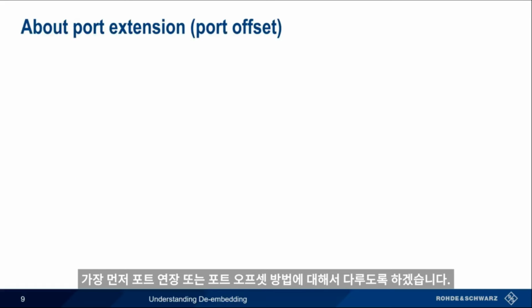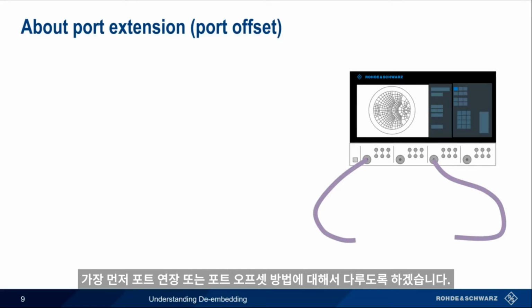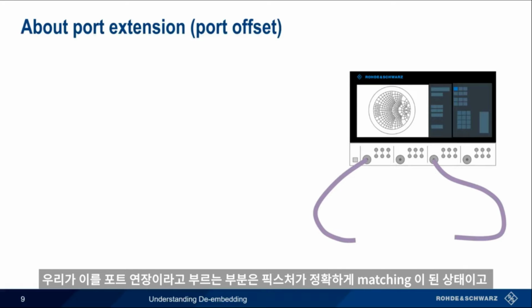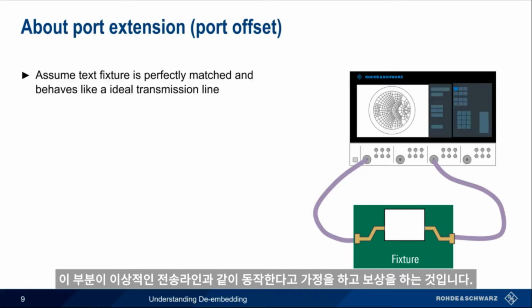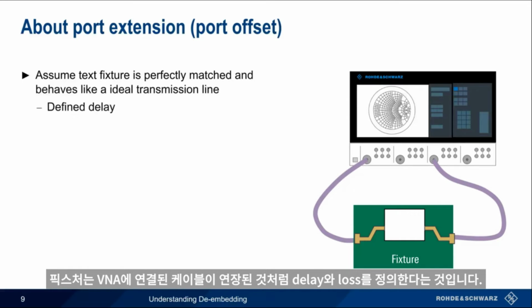We'll start with something called port extension or port offset. The reason this methodology is called port extension is that we assume the test fixture is perfectly matched and that it behaves like an ideal transmission line. The fixture is treated like an extension of the VNA cable, with a defined delay and a defined amount of loss.